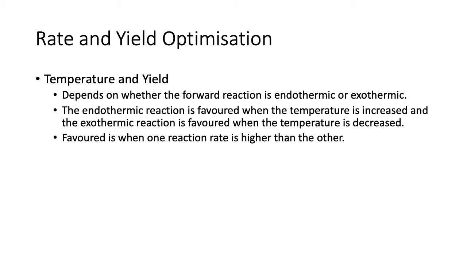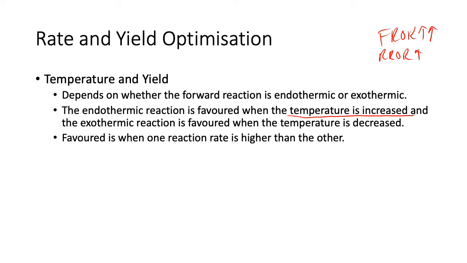Remember that the word favored is different to increase or decrease. Favored just means when one reaction rate is higher than the other. So the endothermic reaction is favored when the temperature is increased, but it doesn't necessarily mean that one reaction went up or one reaction went down. When you have a temperature increase, the forward rate of reaction increases. The reverse rate of reaction also increases, just the forward rate increases more.